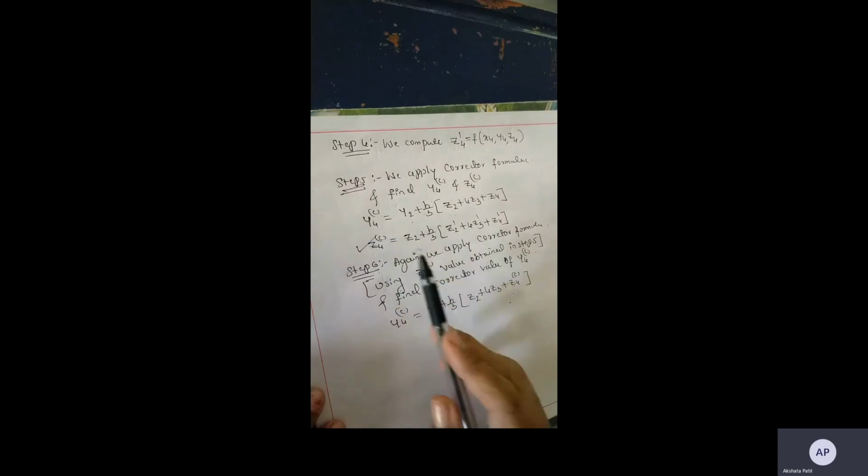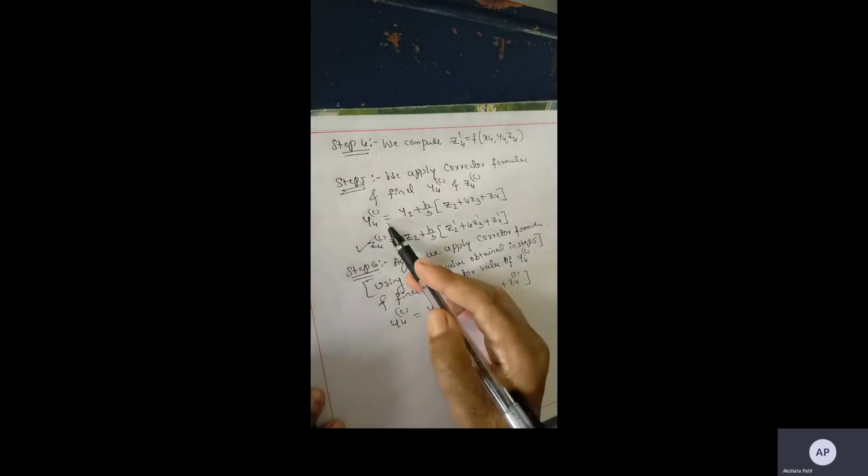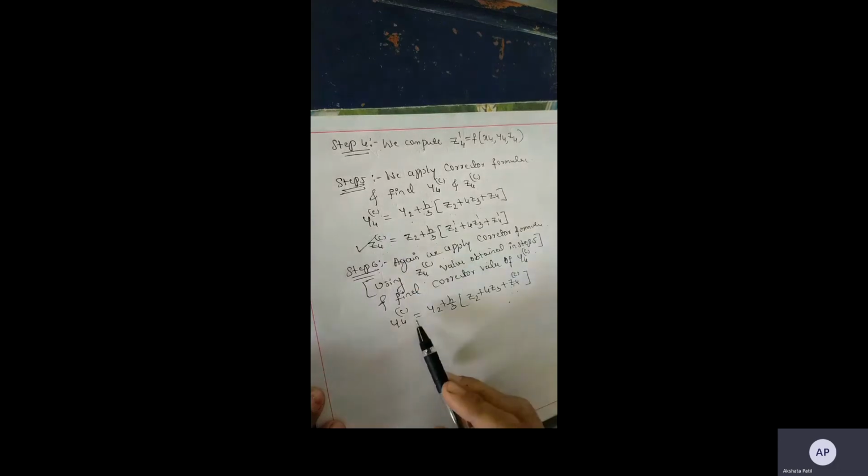Once again we calculate the y4 of corrector value. So after applying the corrector formula twice, let us observe: we again need to calculate the y4 of corrector value.